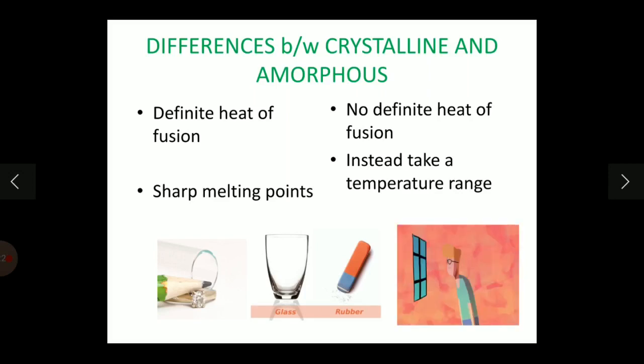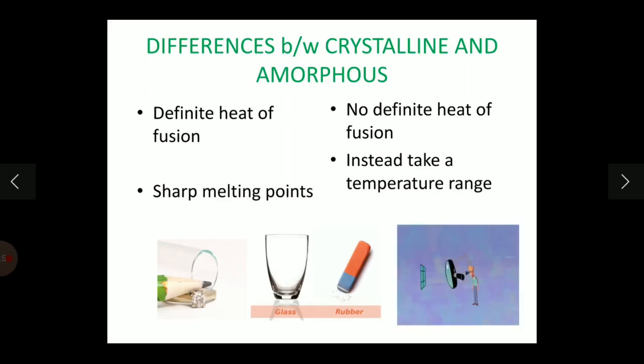But amorphous solids don't take a pinpoint temperature, instead they take a temperature range. That's why they don't have a definite heat of fusion. The final difference: crystalline solids have sharp melting points, while amorphous solids have no sharp melting point. Instead, they take a temperature range.